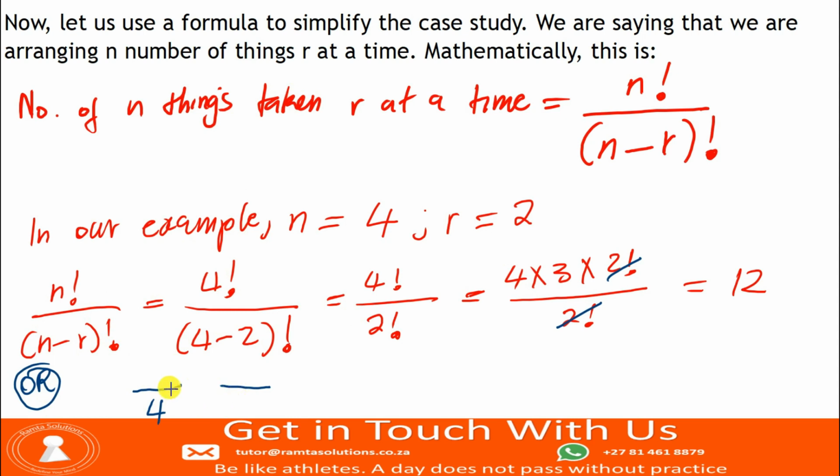And then for the second, since you took 1 for the first, how many are you left with? You are left with 3. Therefore, you will have 4 times 3, which is 12. So you can also use this method. But I'm going to use this one for now. Might as well show you what you can do with your calculator.